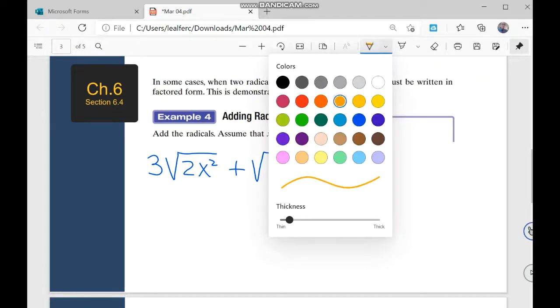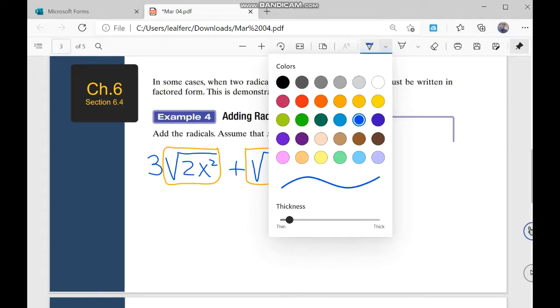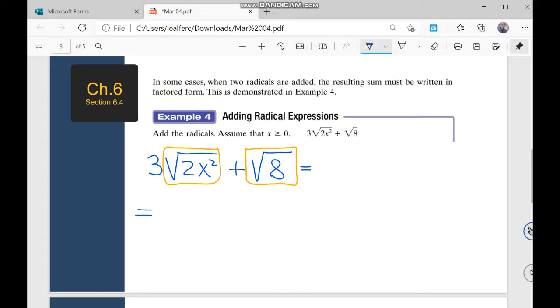Check this. We have square root of 2x squared, we have a square root of 8, so I cannot spot at first glance what is the like radical. But you can simplify. Let's simplify, let's break it down.